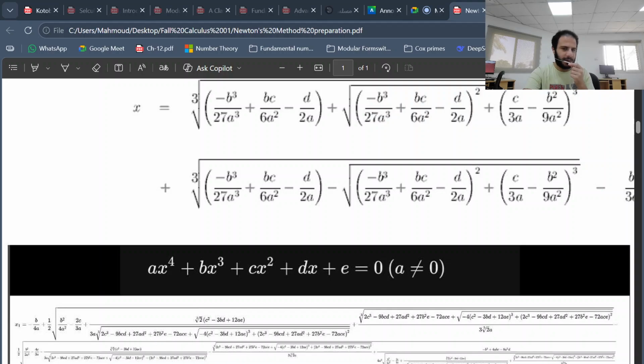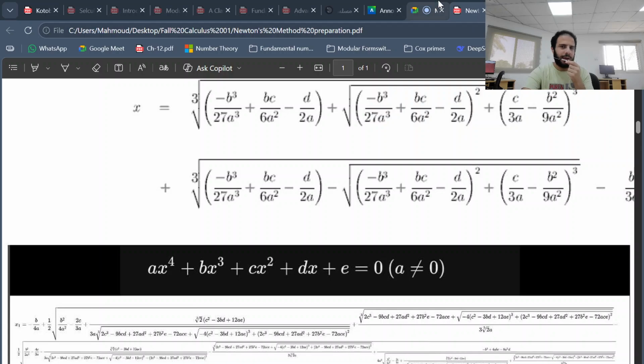It's very complicated, right? Would you like to use such a formula? Clearly no, right? So you have formulas for degree 3, for degree 4, but they are very complicated, right?